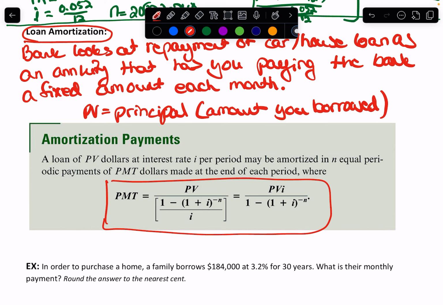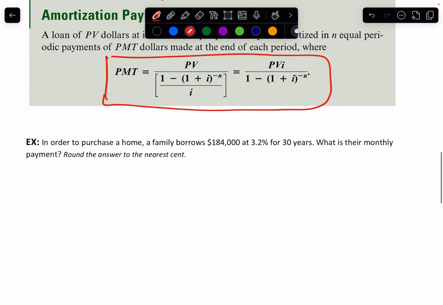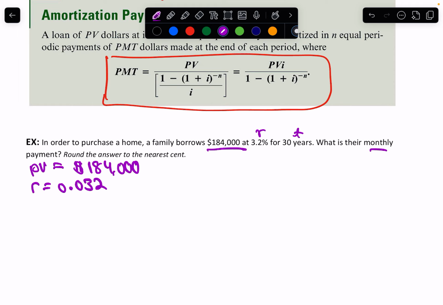Okay, so example. In order to purchase a home, a family borrows $184,000 at 3.2% for 30 years. What is their monthly payment? So our present value is going to be $184,000. The rate is 0.032.